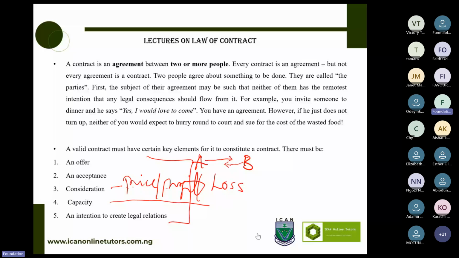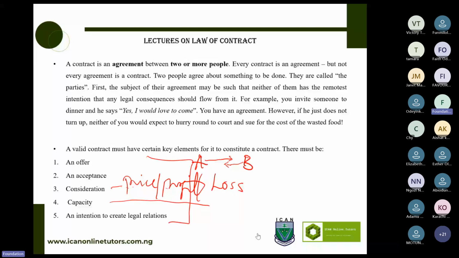That is what we call capacity. In simple language, capacity has to do with age. Are you capable? When we get to agency law, there's a tweak to it. But here, it's age. Are you capable?